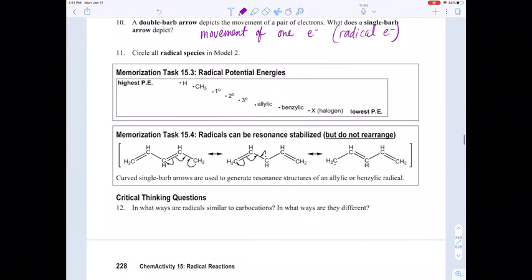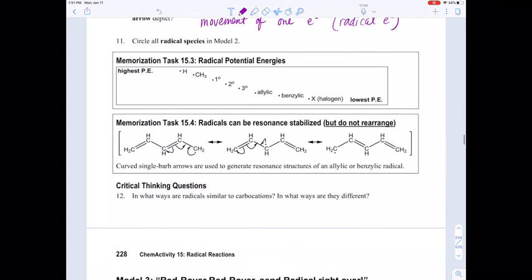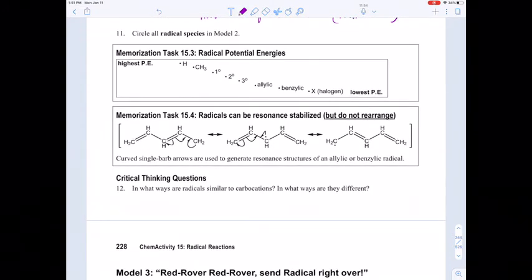In what ways are radicals similar to carbocations, and in what ways are they different? Okay, hit pause and think a bit. If you don't remember what a carbocation is, go look it up, but try to jog your memory. Okay, similar: carbocations also lack an octet. Carbocations can also be resonance stabilized.